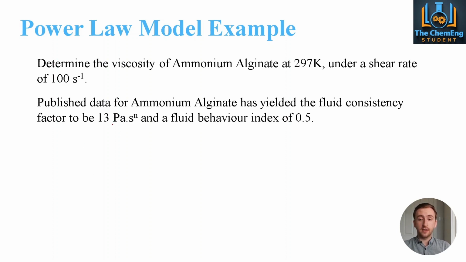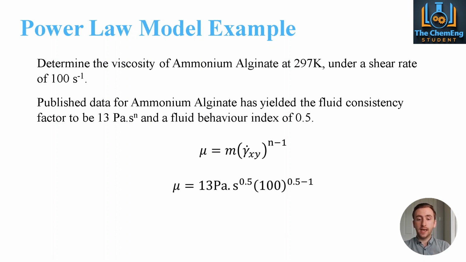But what we have here from the data is a fluid consistency factor of 13 Pascal seconds to the power n. And this is where you have to be careful, because where we had n minus 1, this is where we take this into account. And the fluid behaviour index is 0.5, i.e. n. So all we now have to do from this point is substitute in the values that we have.